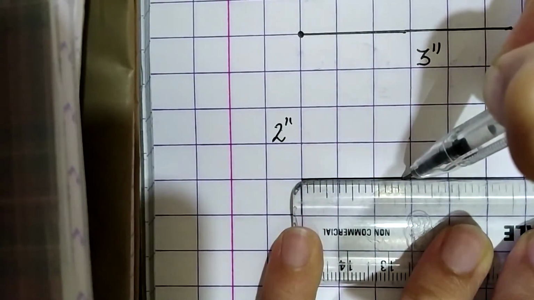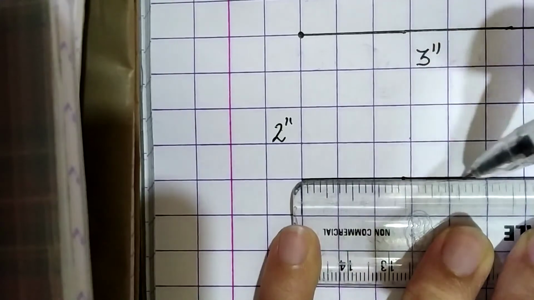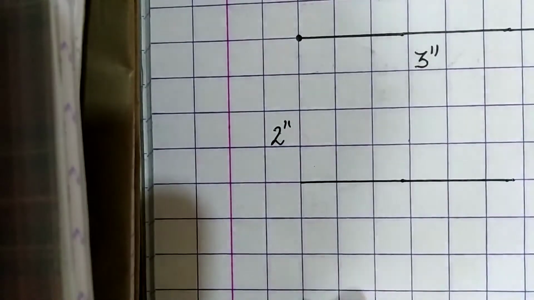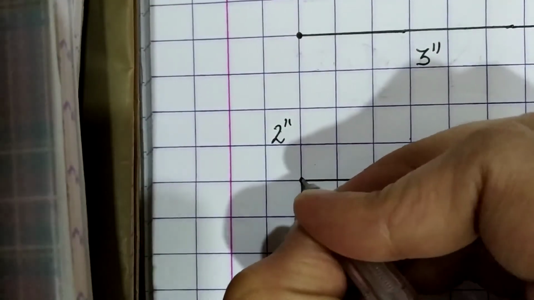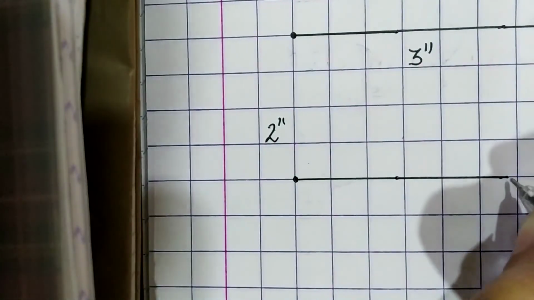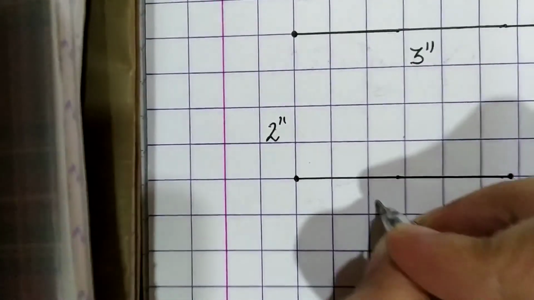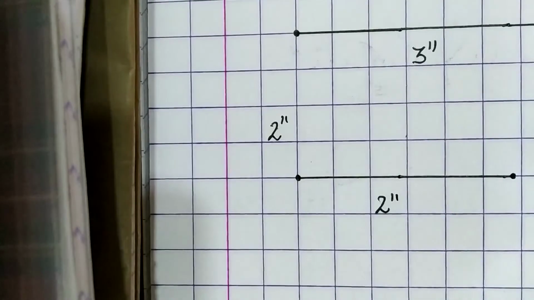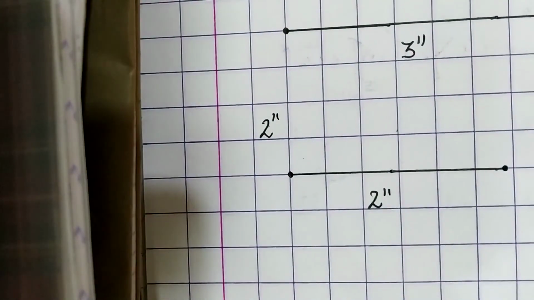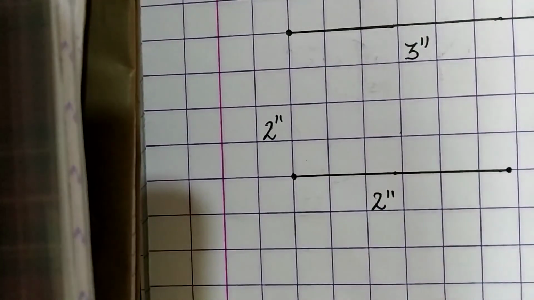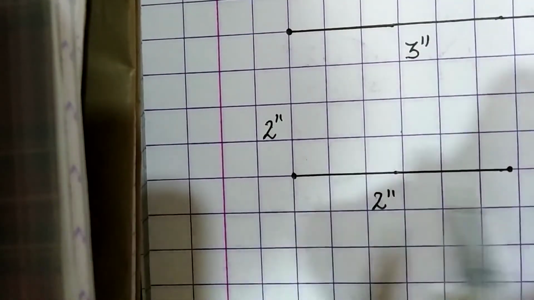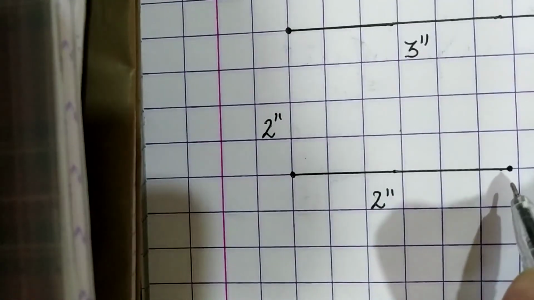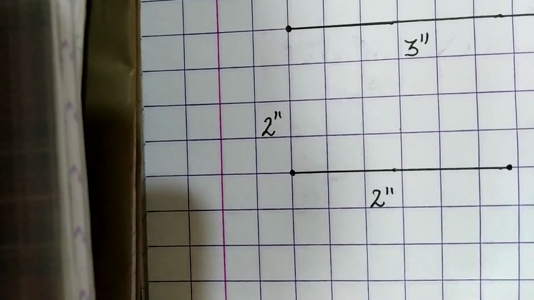This is your first inch. फिर थोड़ा और आगे बढ़ाएंगे to the next longer line. This will be your 2 inch. फिर यहाँ एक dot and यहाँ एक dot लगाएंगे and you will label it 2 inches. Okay, so this is how you are going to draw your inches. So please make sure that you put small dots over here after making your line and write down 2 inches at the bottom.